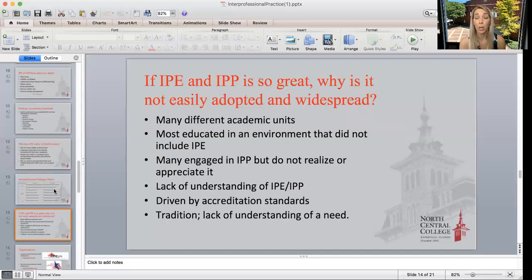Within interprofessional education, so not talking about practice once we get into the hospital, it's not easily adopted and widespread because we have a lot of different academic units. A lot of times they're in different buildings. So here at North Central College, think about your major and how often you interact with those outside of your major.